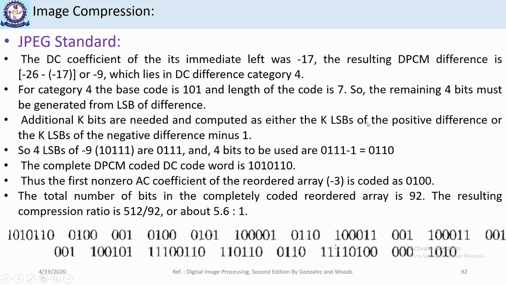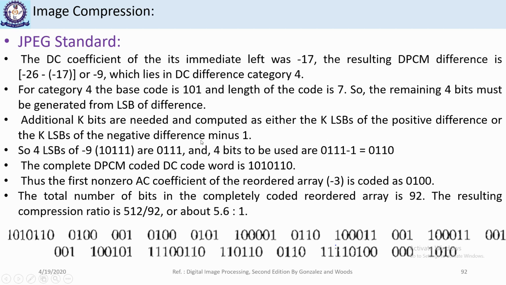So let me repeat this method again. If the difference is positive, you represent the difference in binary and take the needed k bits from the LSBs of that binary number.